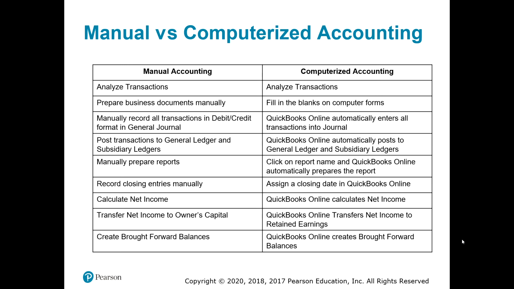Computerized, QuickBooks automatically enters all transactions into the journal. All we have to tell it is what the journal is. QuickBooks will enter the transaction for us in that debit credit format in the journal and post to the general ledger, chart of accounts, and subsidiary ledgers, the customer list, and the vendors list.